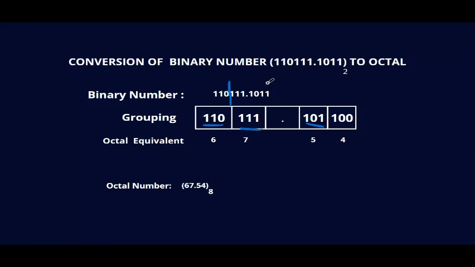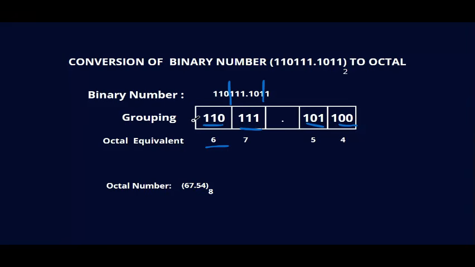For the fractional part, we group the numbers from the right of the binary point like this. So we get 101 and you get an additional 1 here. So you add 2 zeros to that one to get the 3-bit group.